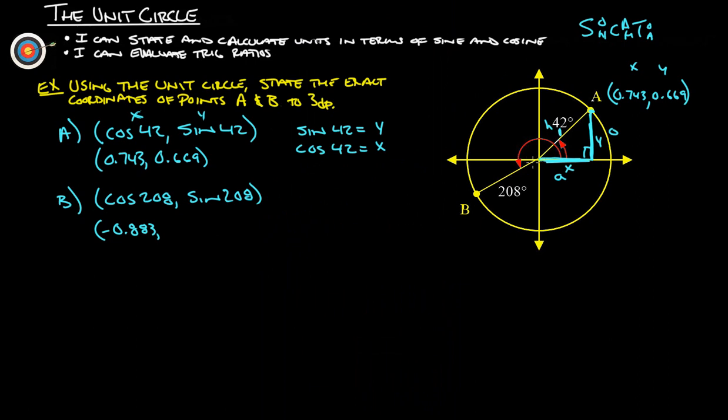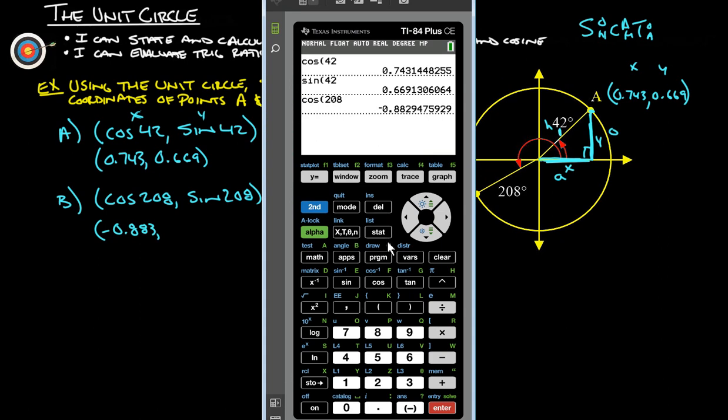Right, and that makes sense because we're going to the left. That's the negative direction. And then to do the y, we're going to do sine of 208. And we get negative 0.469.